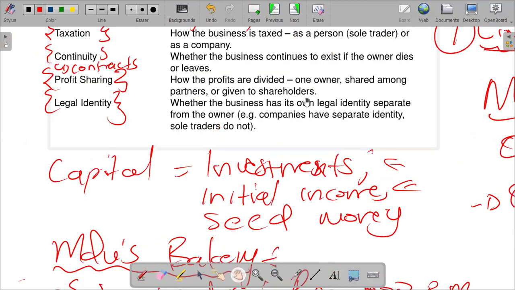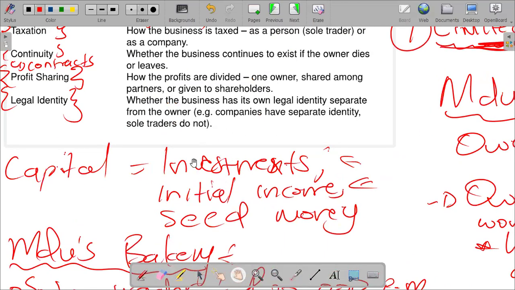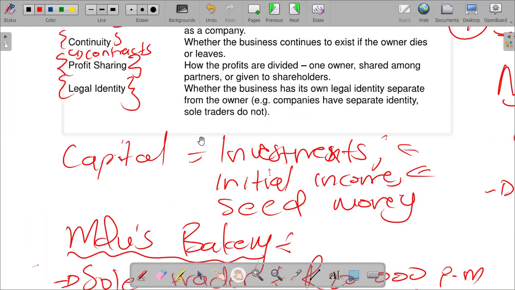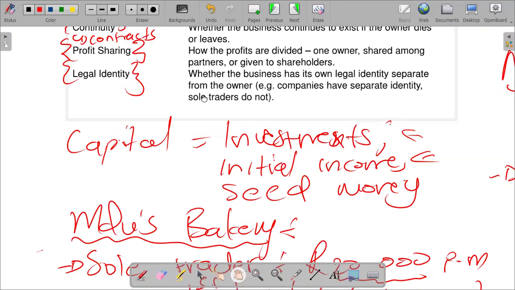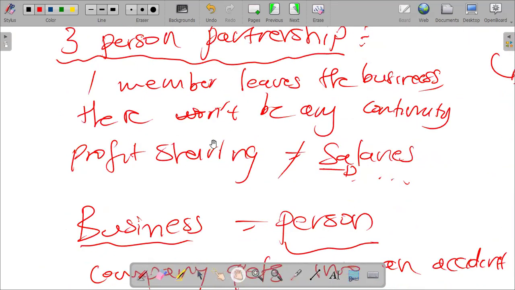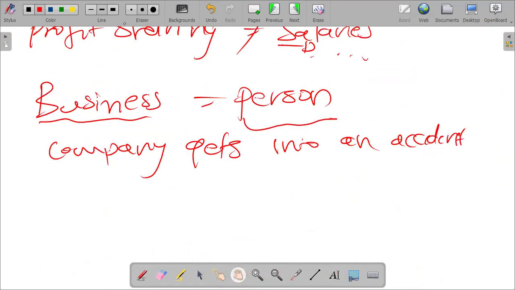So if it's a separate legal entity, in the case of this accident, the owner won't be charged.